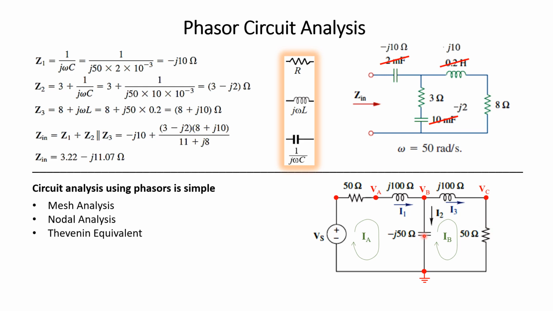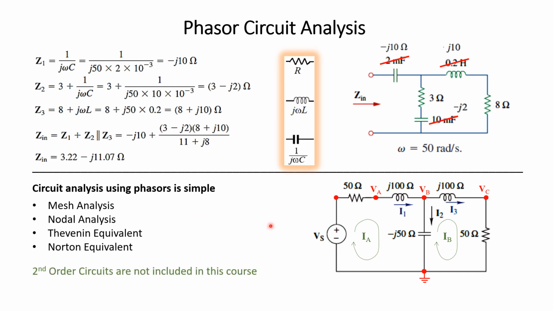We use the same techniques, and the same for Norton equivalents. There is nothing new in Thevenin equivalent, Norton equivalent, nodal analysis, mesh analysis, phasor representation, or phasor circuit analysis. Nothing is new in the already learned circuit analysis methods.